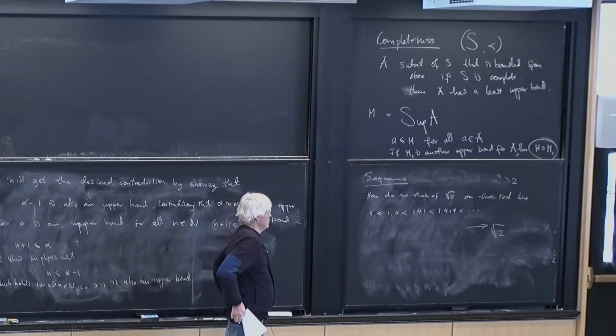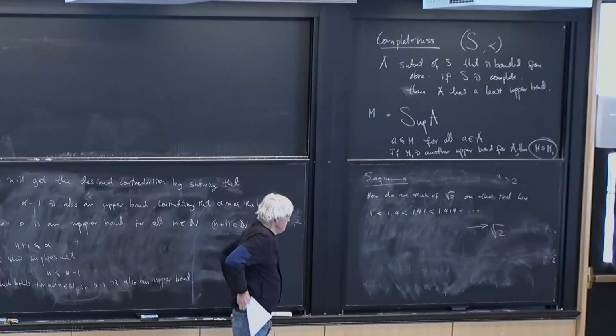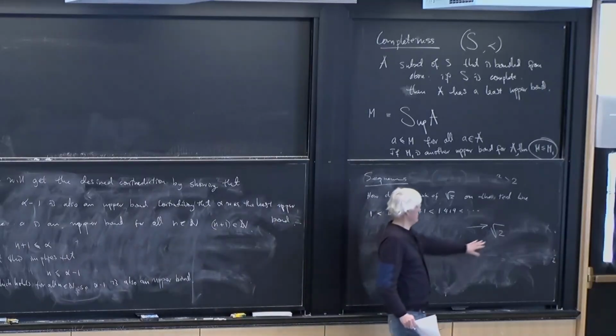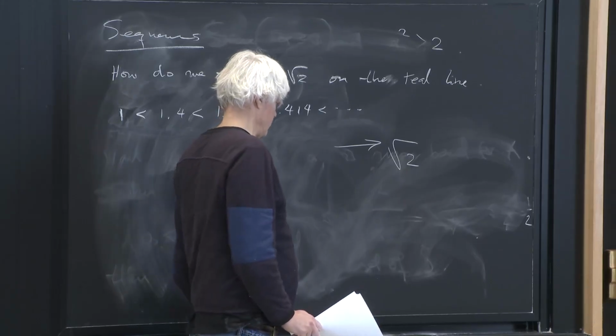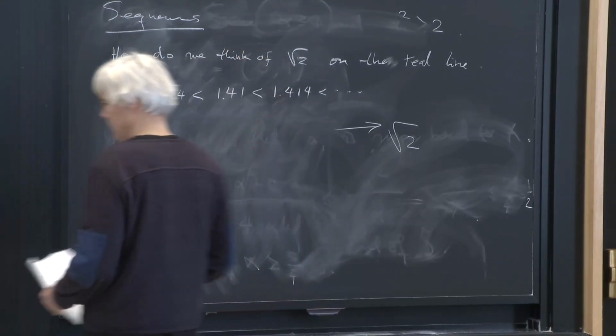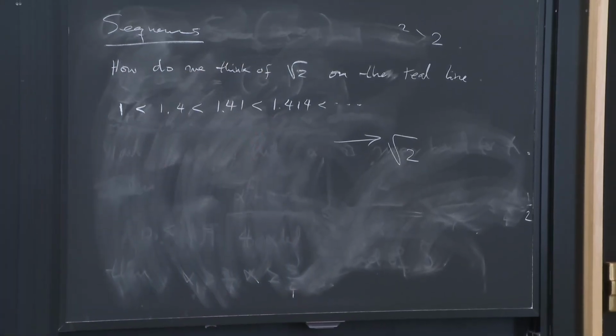And so square root of 2 is going to be the limit of these, and we need to make this precise, and we also need to make precise what really a sequence is.